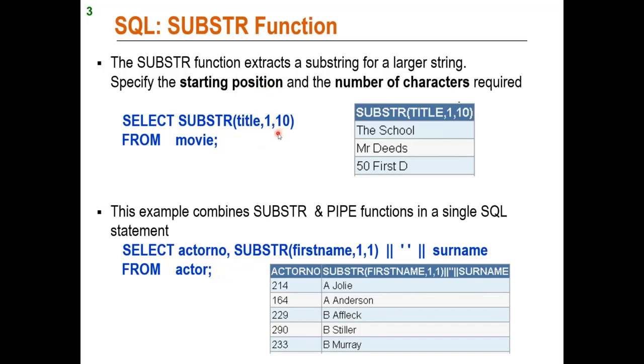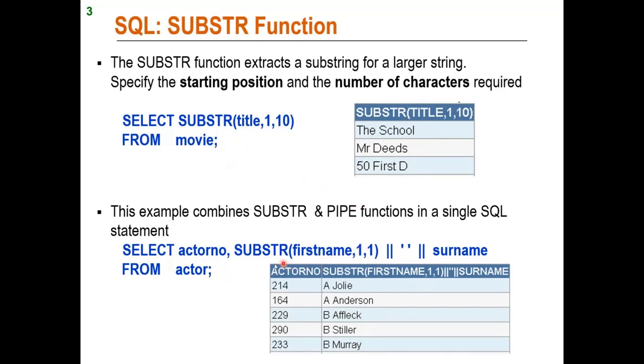I want to extract 10 characters, right? So you can see here we have 10 characters extracted from my title column. So 1, 2, and remember the space: a single space is another character, okay? So 10 characters. Likewise, I can use a substring function.